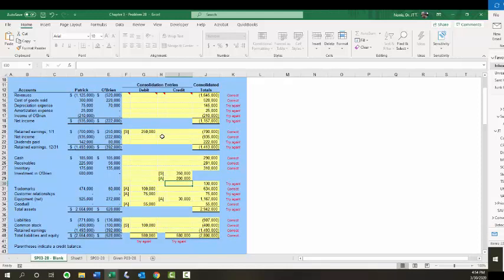So we had dividends declared of 80,000, and D of 80,000.